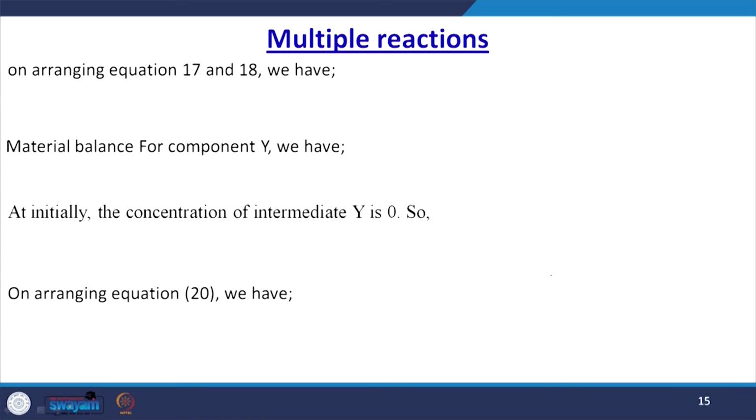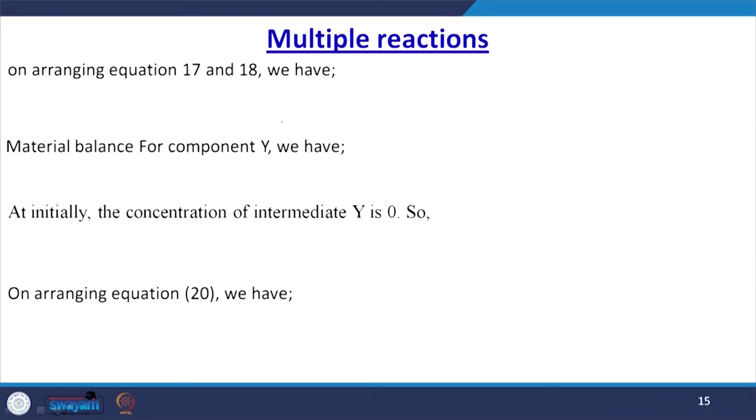Ky is the specific rate constant, and N is the order of the reaction. Now, if we rearrange equations 17 and 18 from the previous slides which we discussed, we may have Cx upon Cx naught is equal to 1 upon 1 plus Ky tau m.